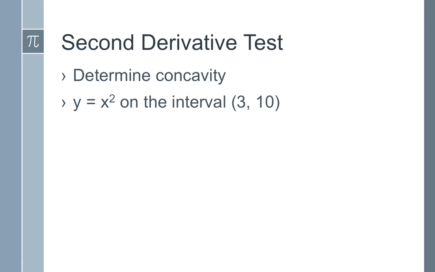Okay. If I wanted to determine the concavity on the interval from 3 to 10, all I have to do is go like this. I need to look at y prime, that's 2x.